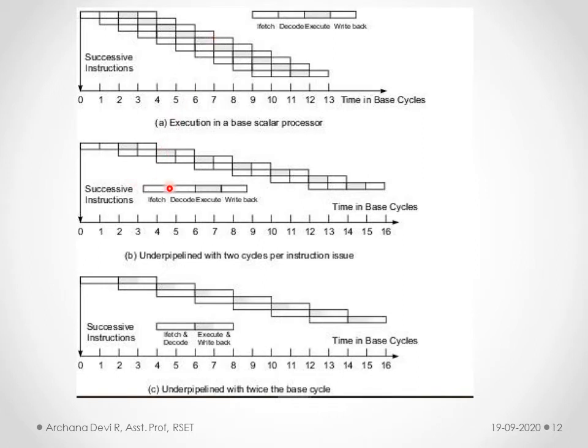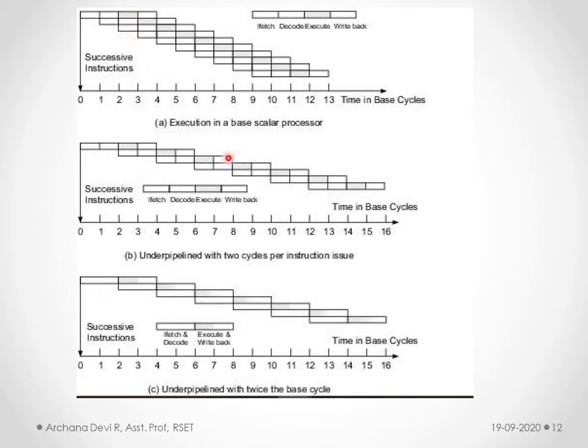Now the second case is where only after 2 clock cycles is the next instruction pushed to the pipeline. So again, these 2 instructions get instruction fetch and decode, and then when the first instruction's execution is over, the third instruction is pushed to the pipeline. In the first case, when the first instruction was already in the execution stage, the third instruction was pushed to the pipeline.